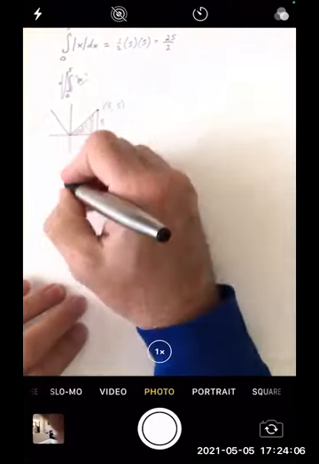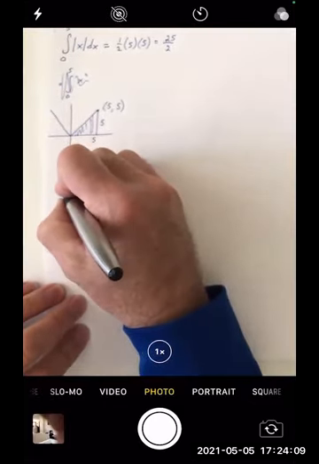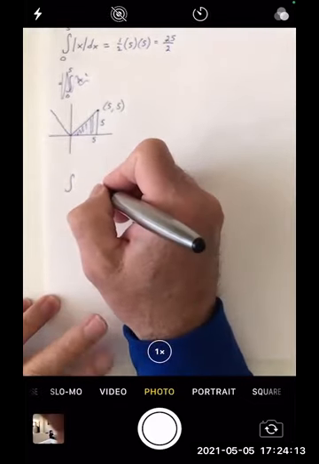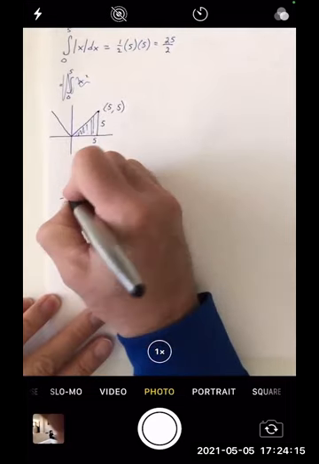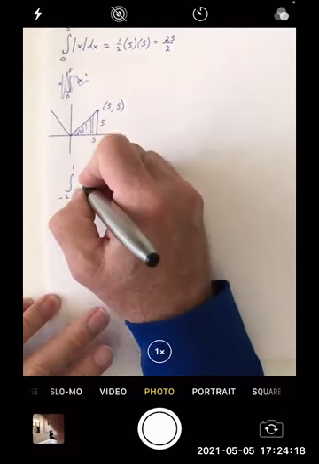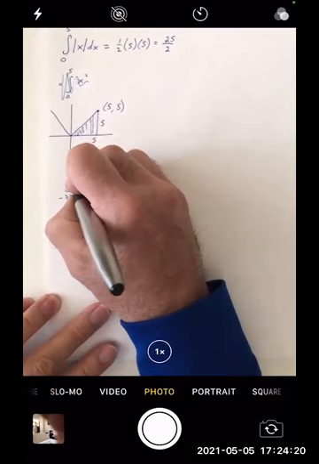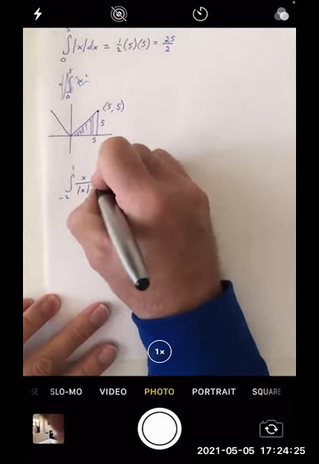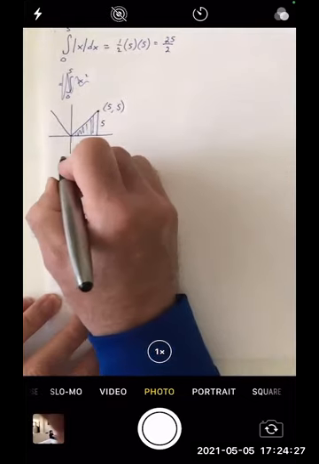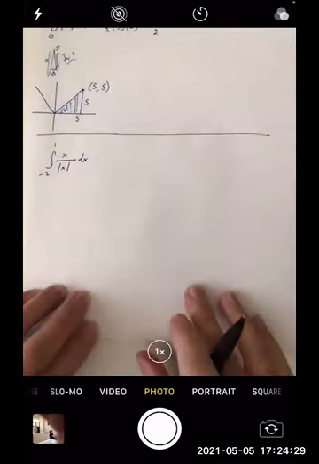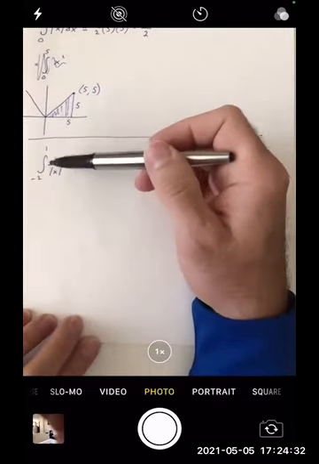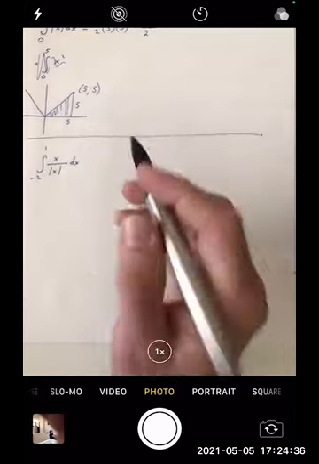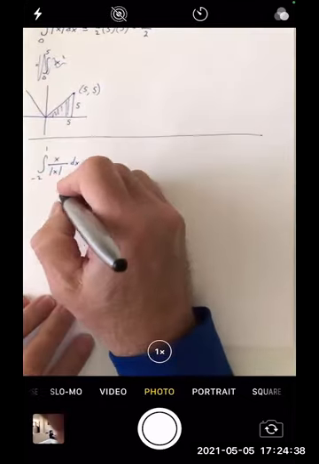So let's just take one. It was on the study guide, but I'll change it a little bit. Let's go from -2 to 1 of x over the absolute value of x dx. This one, there's no formula for it either, but you can still use the graph as long as you know what the graph looks like.